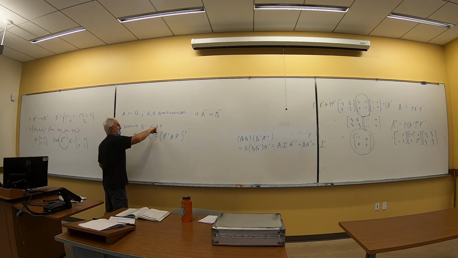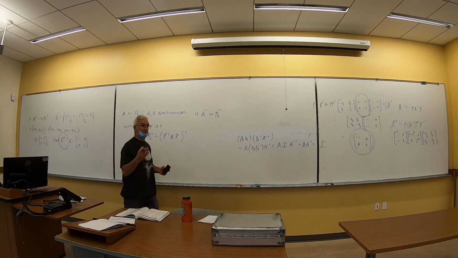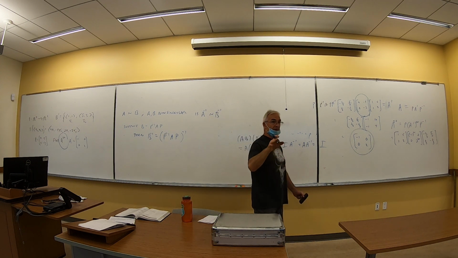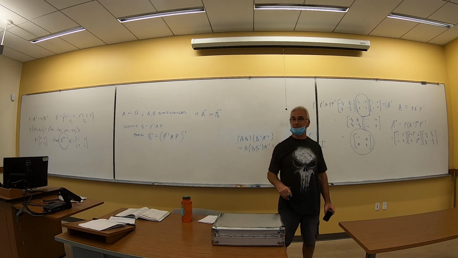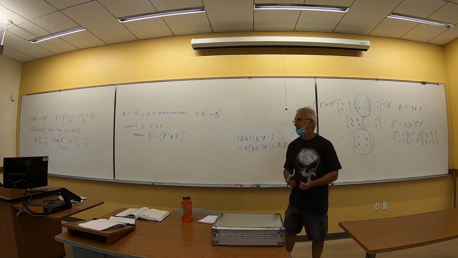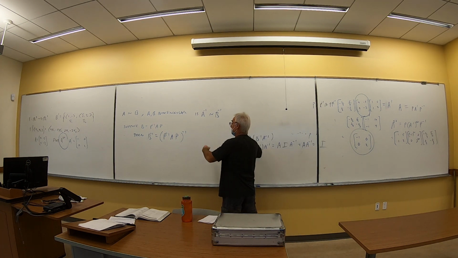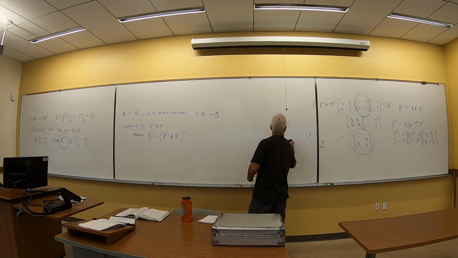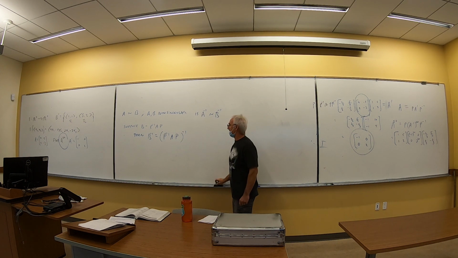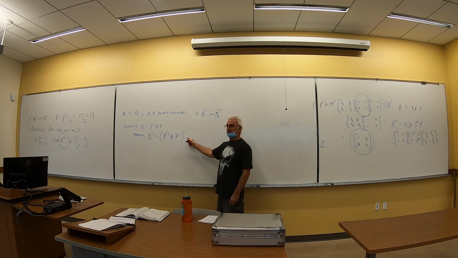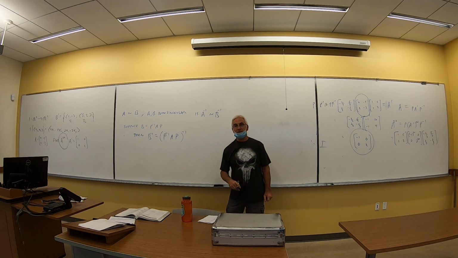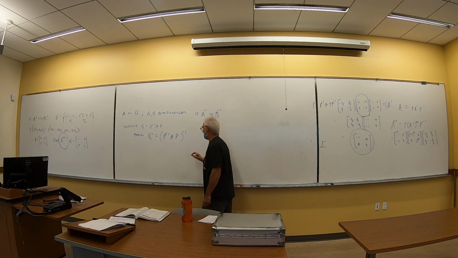I'm starting by making this supposition. I have to start somewhere. I told you A was similar to B, therefore one of them equals P inverse times the other guy, kind of thing. So I said, let's just suppose it's that way. I could have done it A equals, and it wouldn't have made any difference in the final thing. Let's now expand this. The inverse of a product is the product of the inverses in reverse order. So what does that look like?